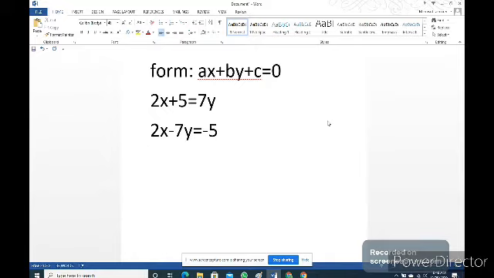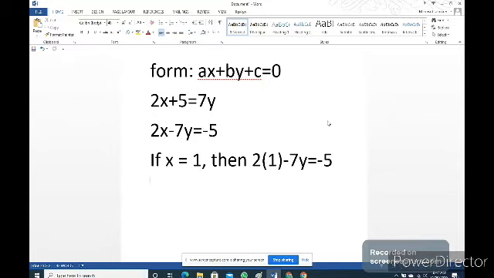If x is equal to 0, something; if x is equal to 1, then the value will be 2 into 1 minus 7y is equal to minus 5. Now here we get 2 minus 7y. So now minus 7y is equal to minus 5 minus 2.